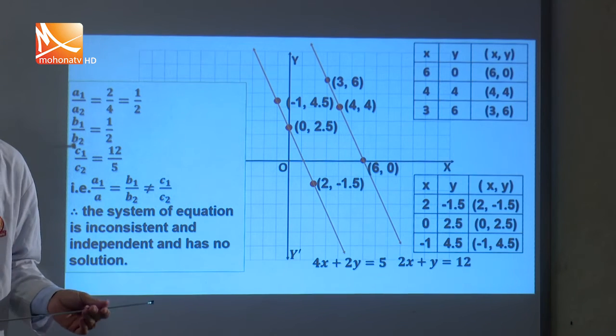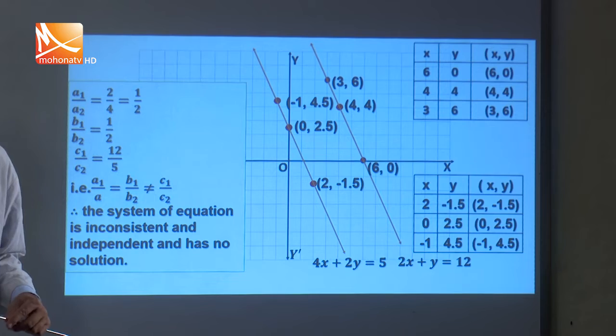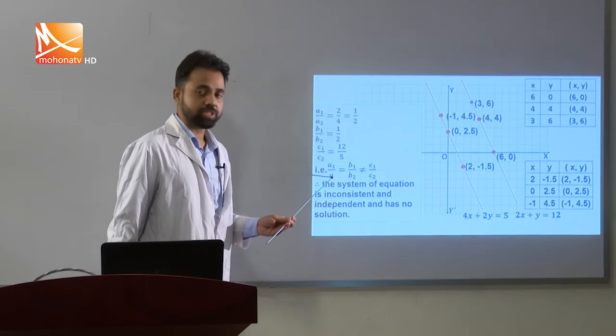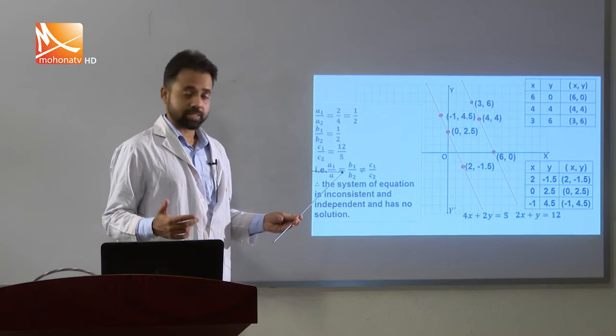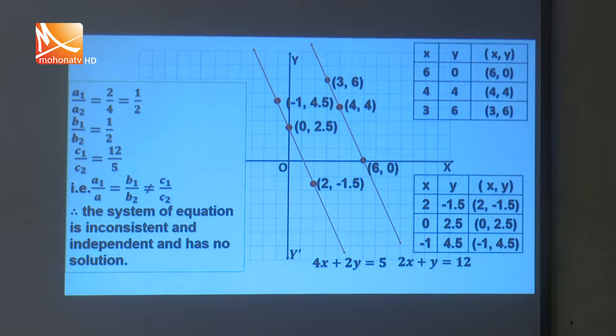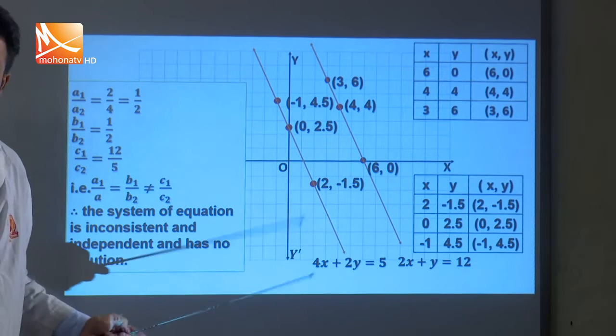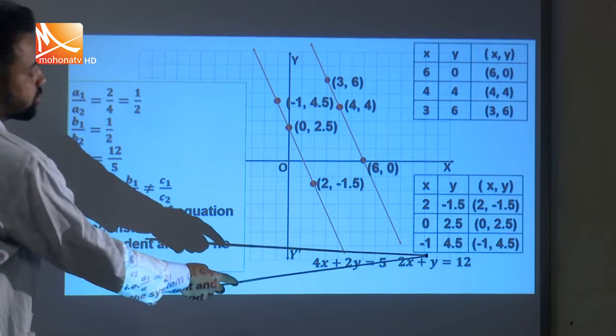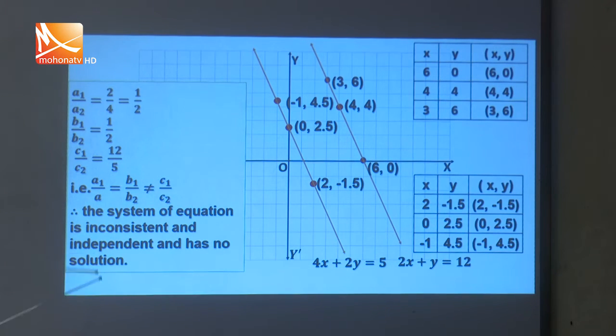Okay. So, what is the condition of a system of equations having no solution? If the ratios of the coefficients of x and y are the same, but not equal to the ratio of the constant terms, in this case the two equations have no solution. So, the system of equations is inconsistent, and the two equations are also independent and have no solution.